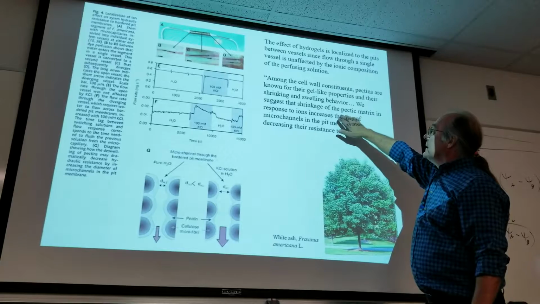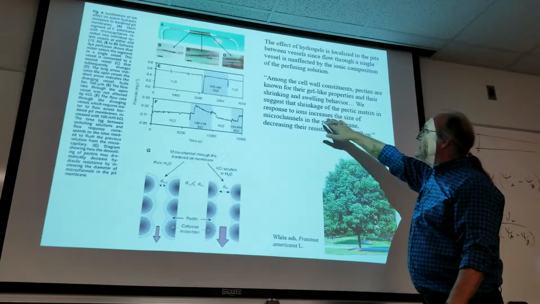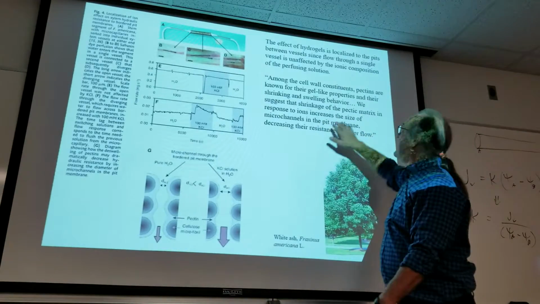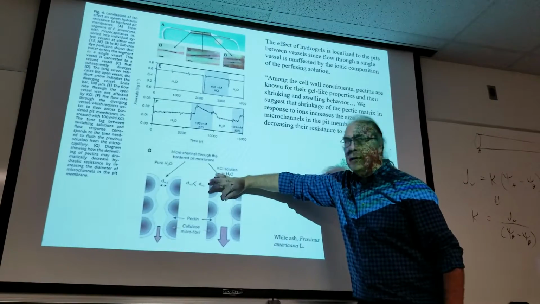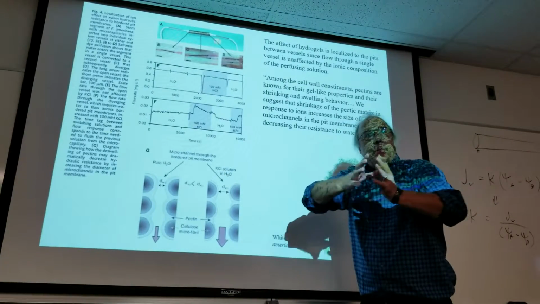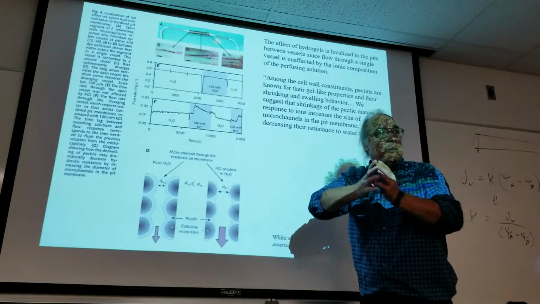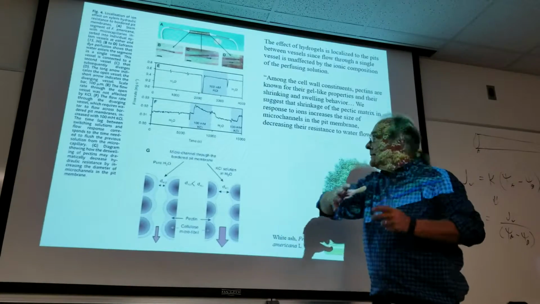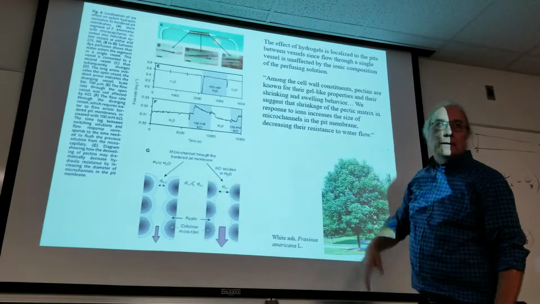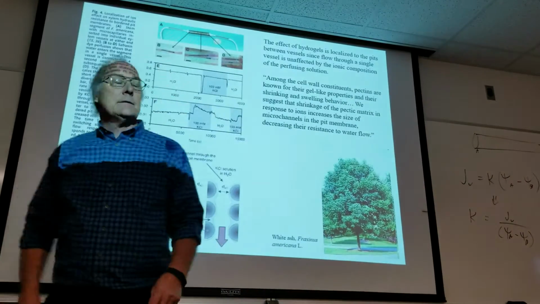We suggest that shrinkage of the pectic matrix in response to ions increases the size of microchannels, increases the size of these pits between adjacent vessels or between the tracheas and the vessels, and changes the hydraulic conductivity of the system.